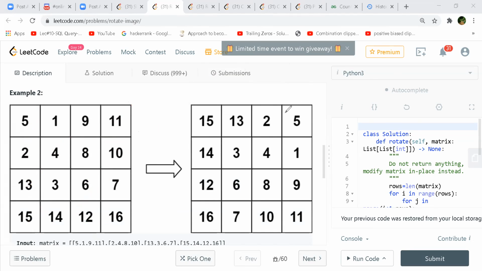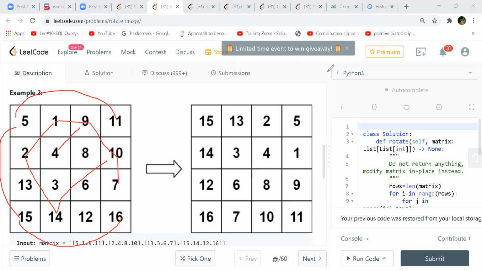So here also, I think it will work, right? But if you take the outer circle only first, 5 will come here and 16 will take this place and 15 will take this place. And again, you take 1, 10, 14, 2. I think 1, 10, 12, 2.